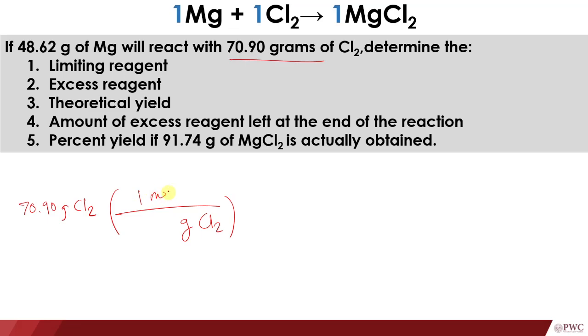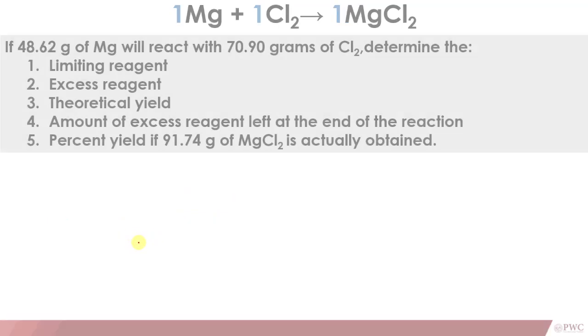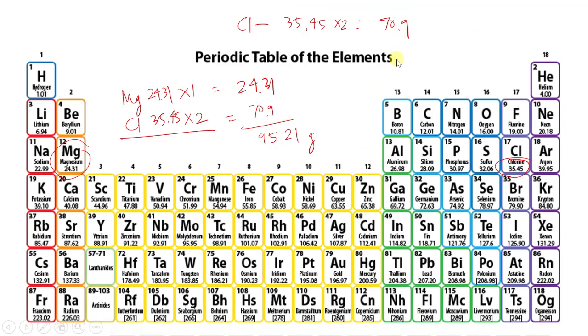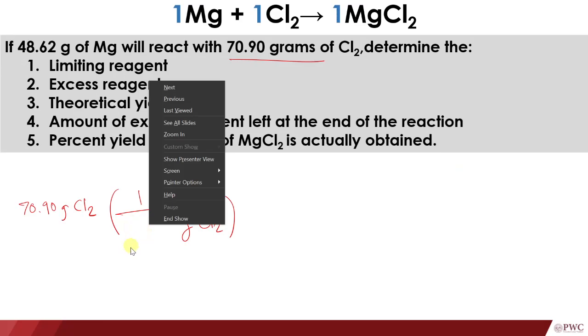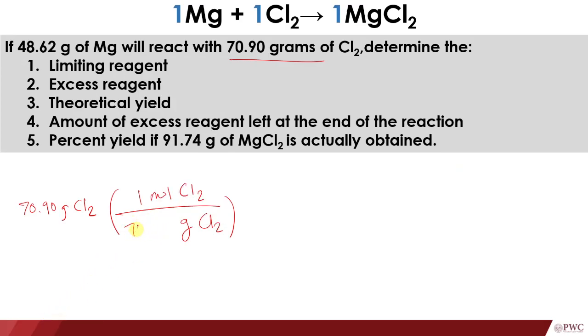We'll convert this first to the number of moles. So 1 mole of Cl2, the molar mass of Cl2 is 70.9 grams. After this, from mole of Cl2 to the mole of Mg, the ratio is 1 to 1.